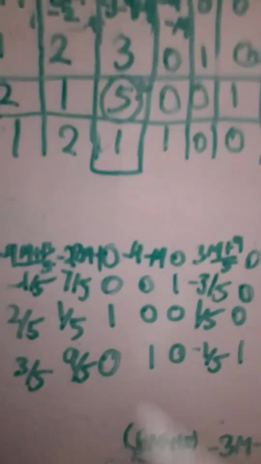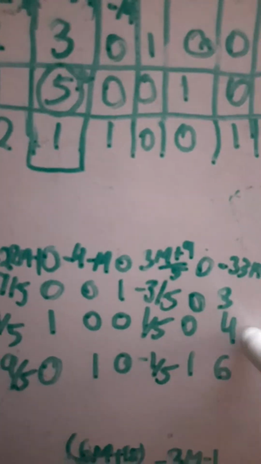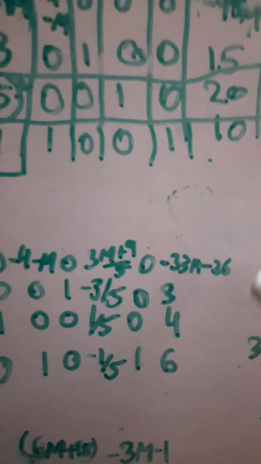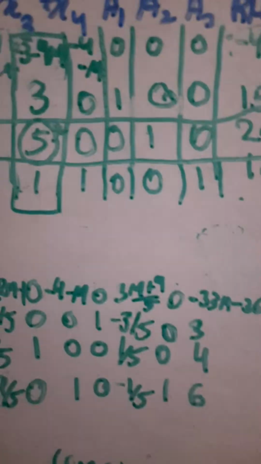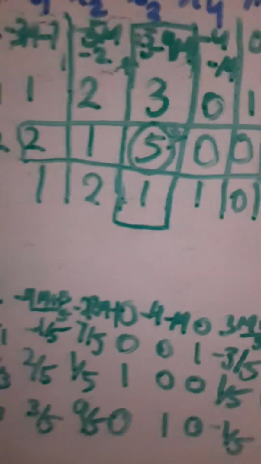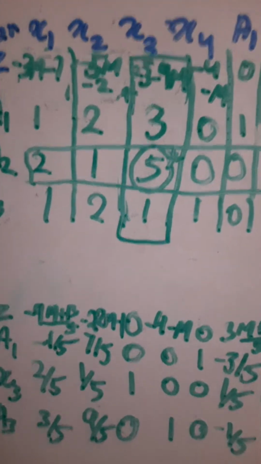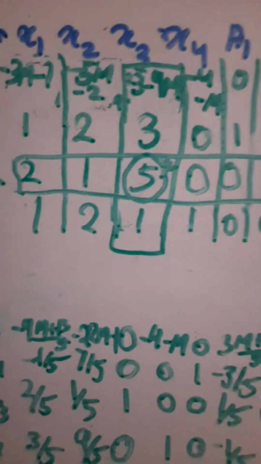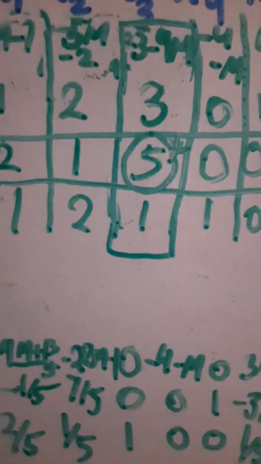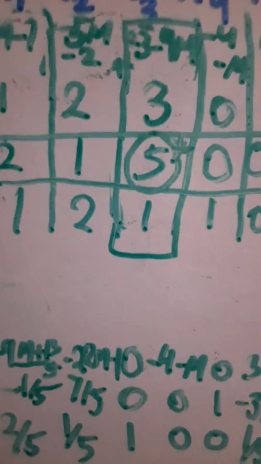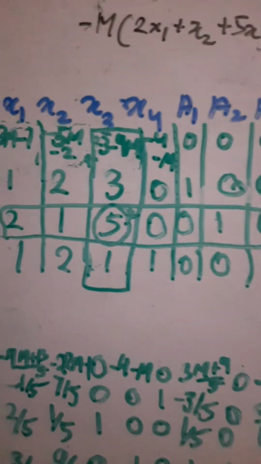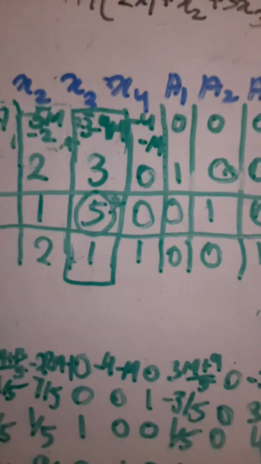So for the most negative value key column, divide by RHS, get the ratio, and get the key row by whichever is the smallest positive number. Then they intersect into the key element, which divides the whole row. Then you take that new divided key row, and change the other key column elements to 0 by doing row transformations with the old rows and the new key row.